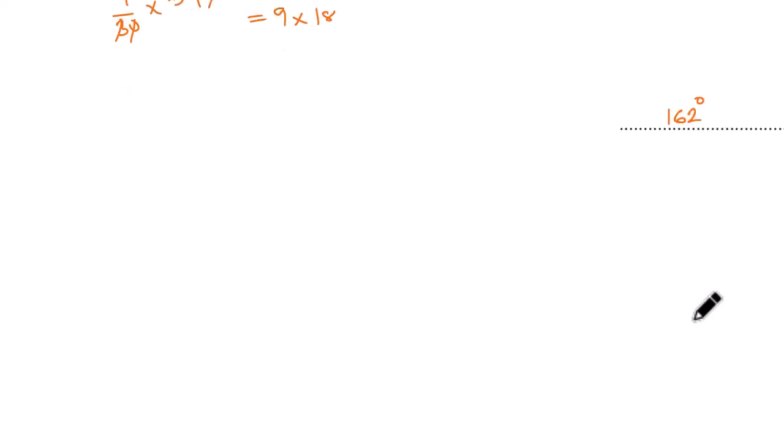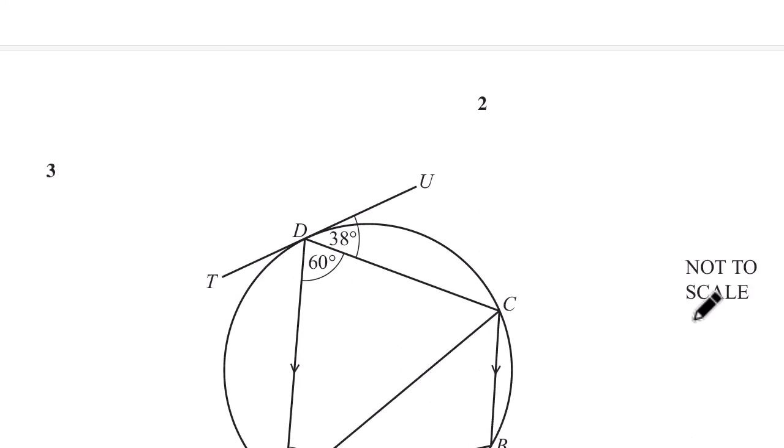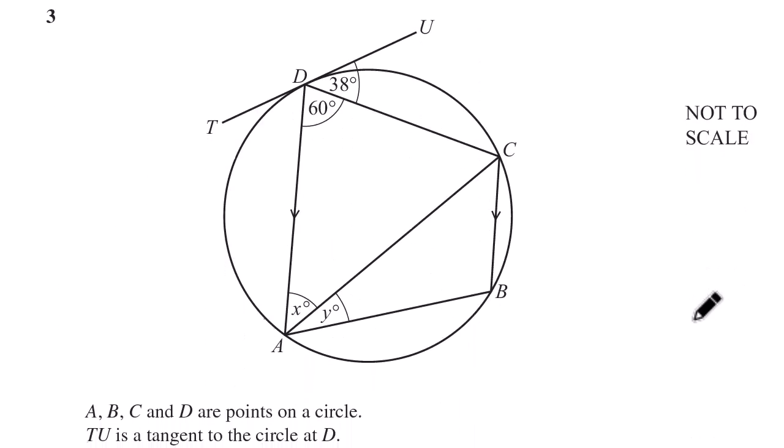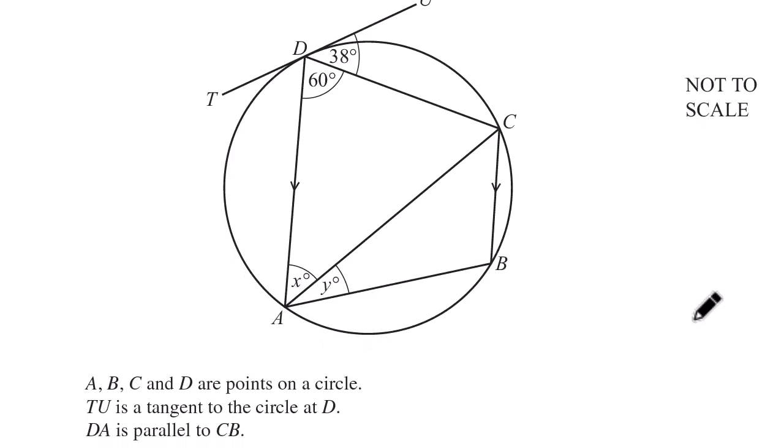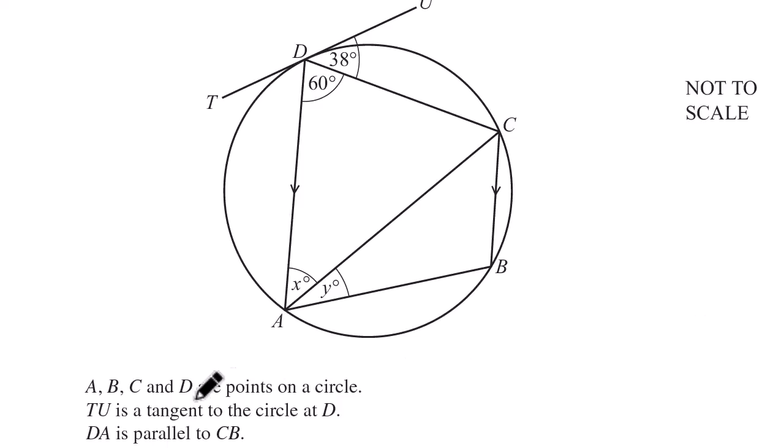Let's move on to the next one. You can see how different that is from how we started. And this is another gigantic approach under geometry. It looks terrible, but trust me, it is pretty easy. But first, let's look at the questions under it. Take a look at this diagram and then let's read the parameters. It says A, B, C, D are points on a circle.